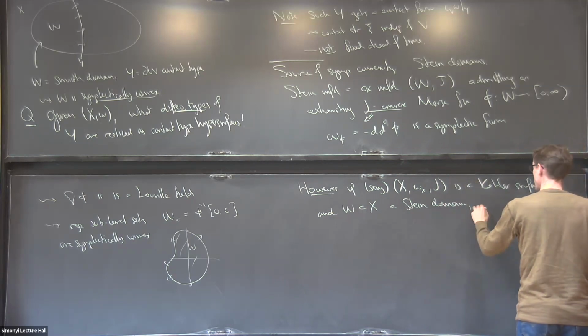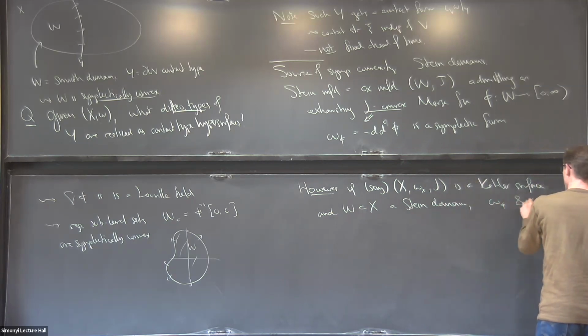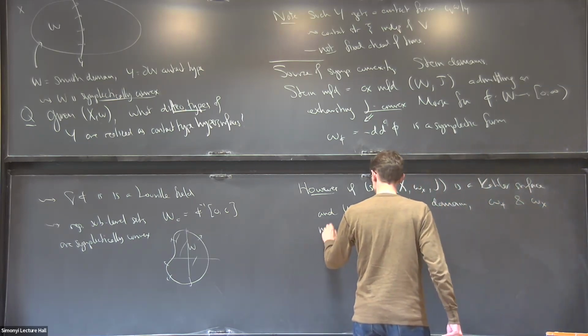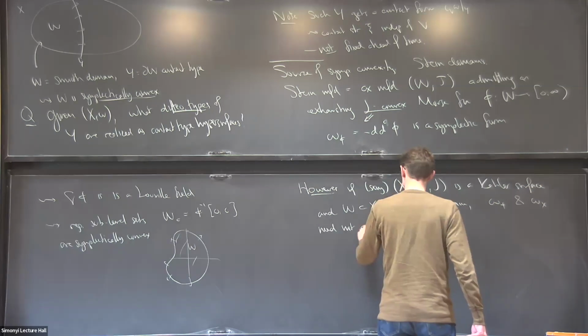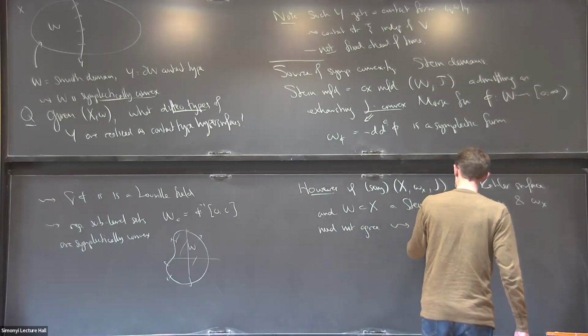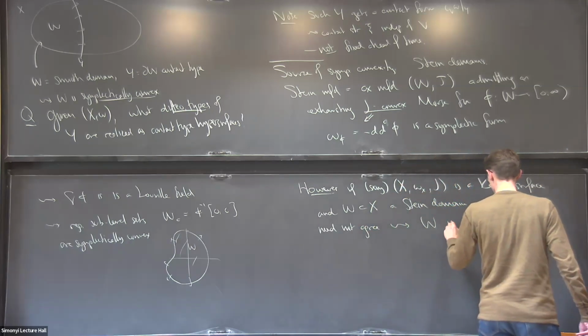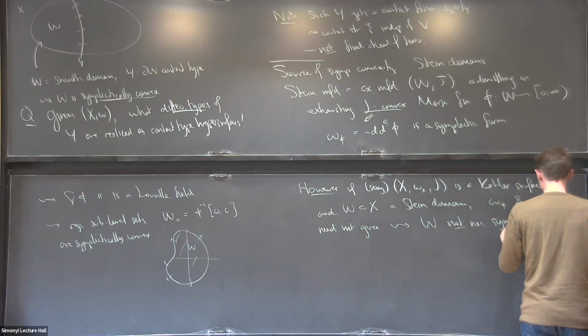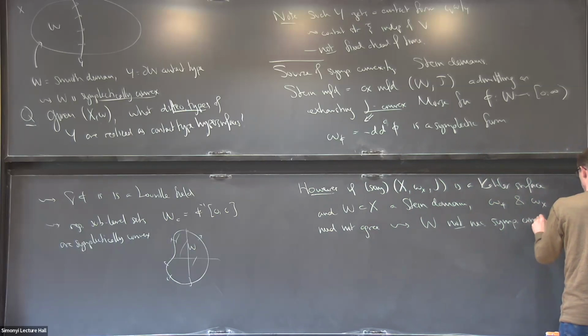Then what I was saying was that omega phi and omega X need not agree. And so that means that W isn't necessarily symplectically convex in X. Okay.